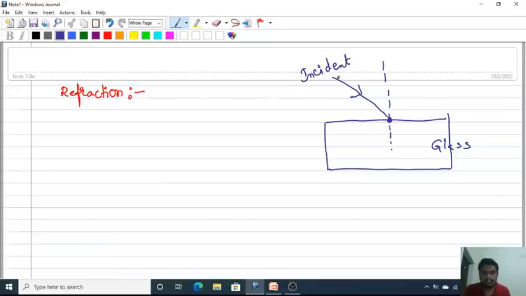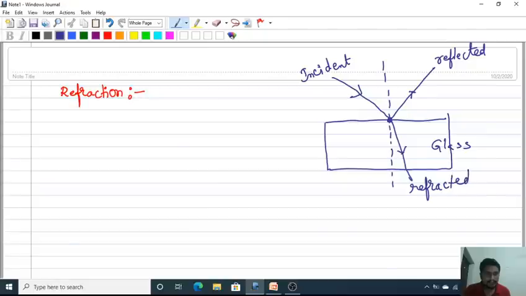When a ray of light is incident on a transparent medium, a part of it is reflected back into the same or original medium, and it is called the reflected ray, and the remaining is transmitted to another medium. This is called the refracted ray.